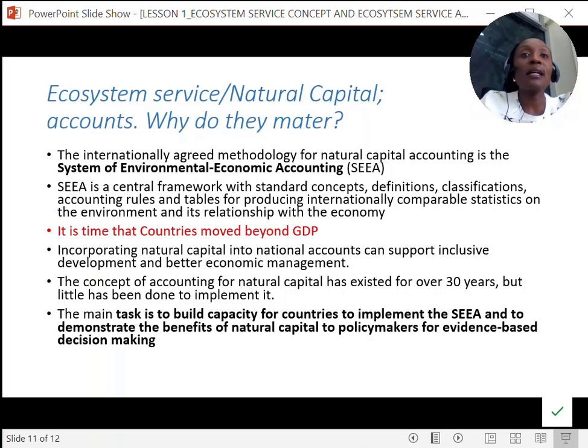So the main big thing now is to enhance the capacity of countries to implement the SEEA and to demonstrate its benefits to policymakers. Now this brings us to the end of our lesson, and looking forward to the next sessions.